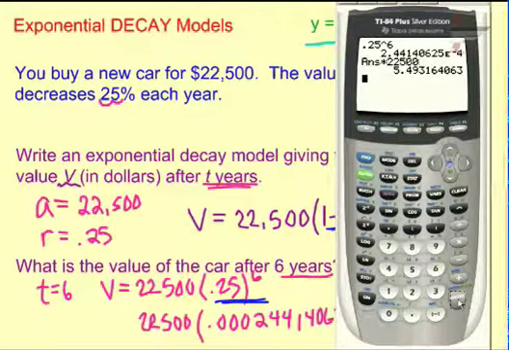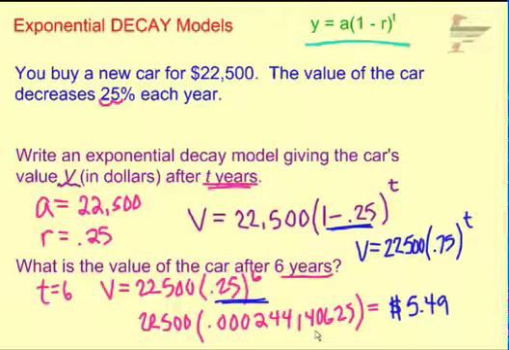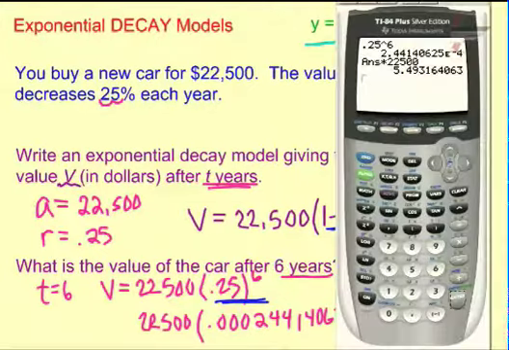So if we went from 22,500 and now we're to $5.49, it just doesn't seem right. So that's where we want to go back and just look at what we did.